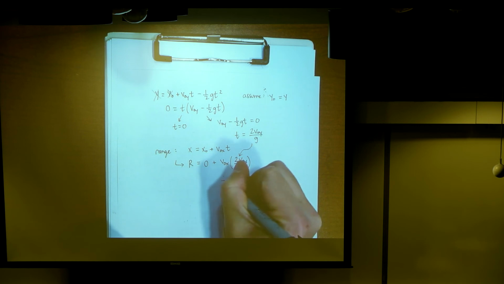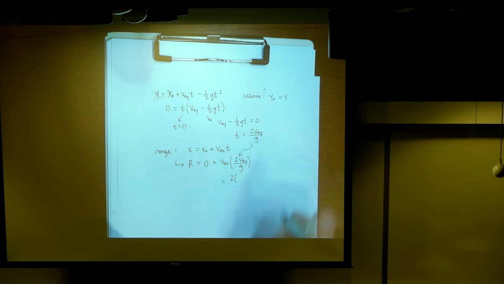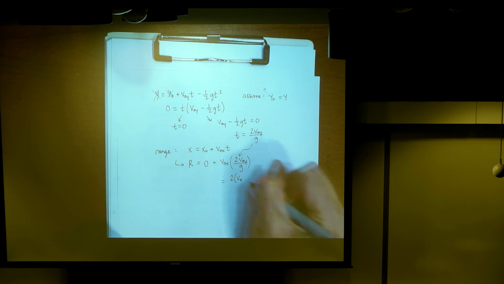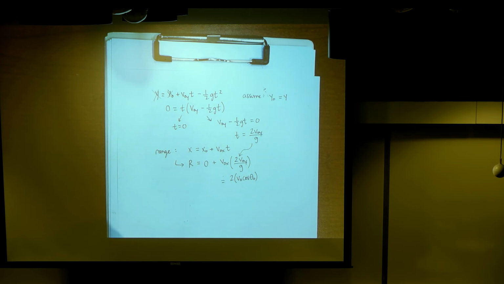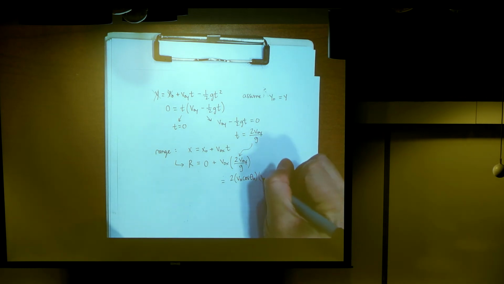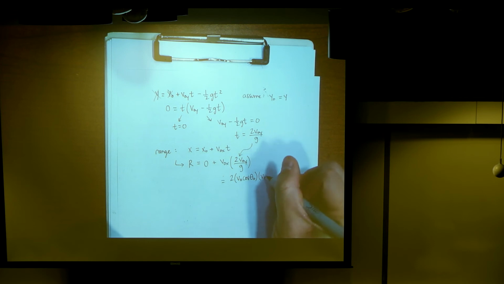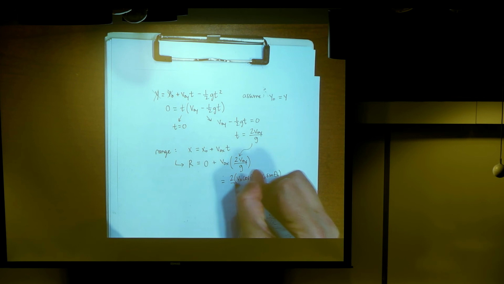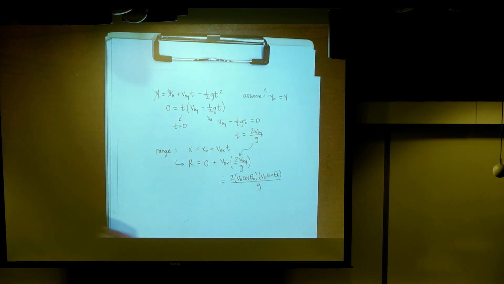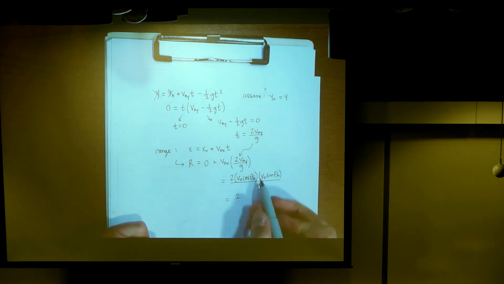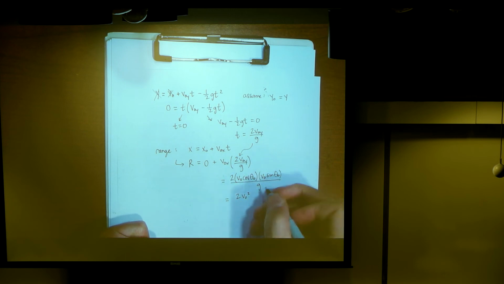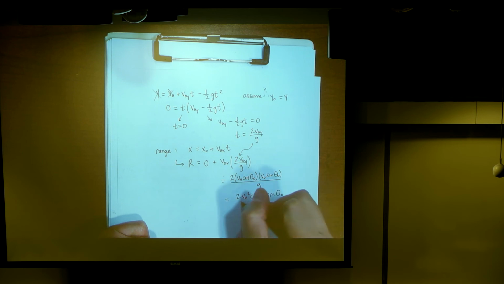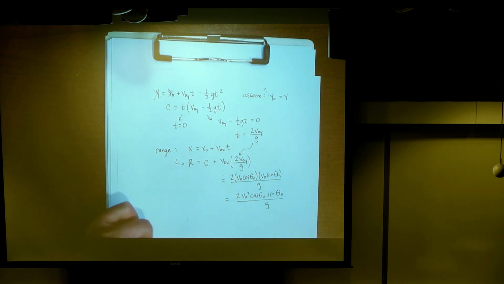But let's take a closer look at that. V naught x, if you remember, is your initial velocity times cosine of the angle at which you launch. And v naught y is your initial speed times sine of the angle at which you're launched. And that's all divided by g. To put it all together, we have 2 v naught squared times cosine times sine, and then we divide by g.